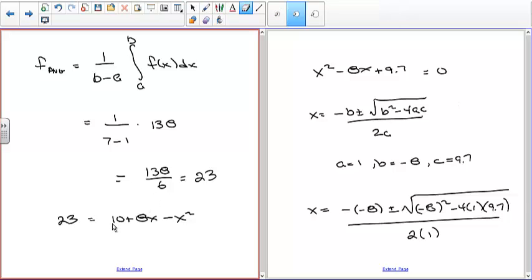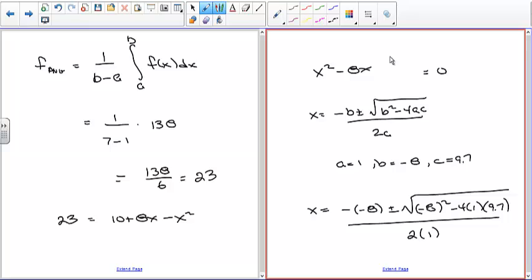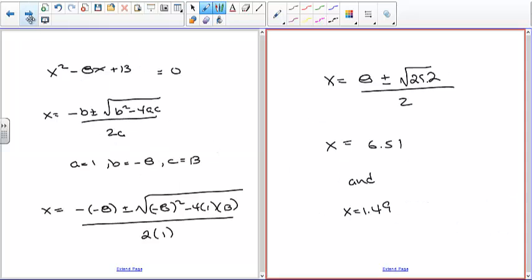So we'll have 23 minus 10, which is 13. Put that in there. Plus 13. This is 13. So what we have, square root of 64 minus 4 times 13, which is 12.